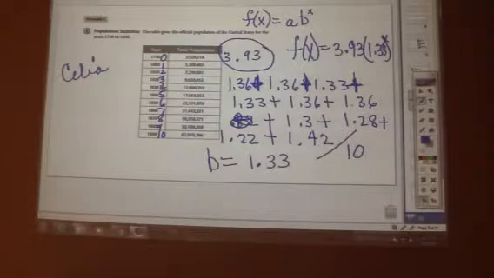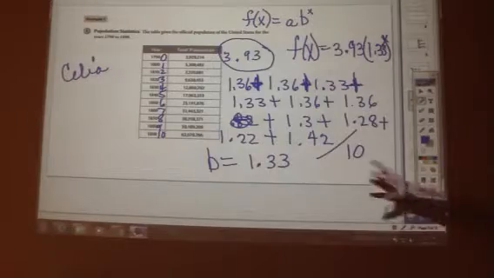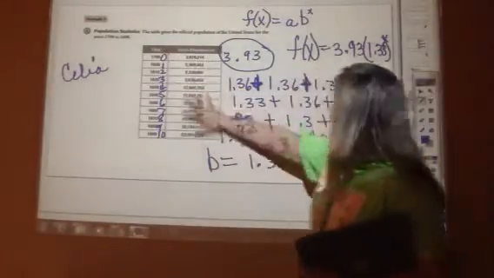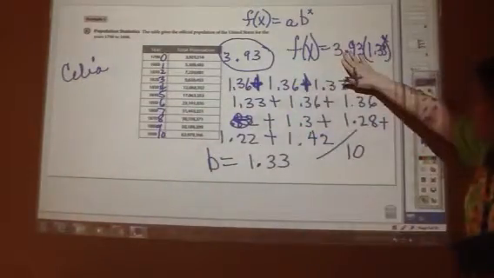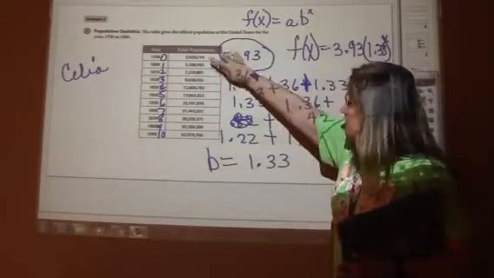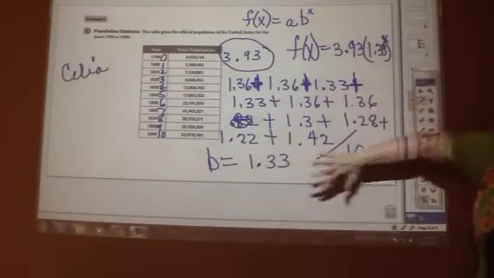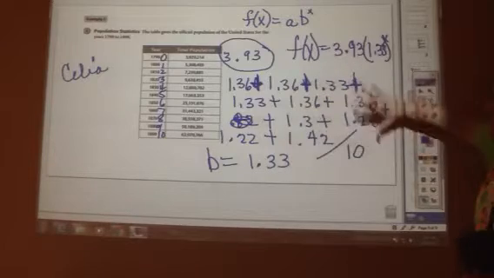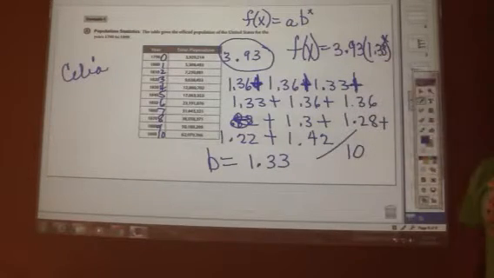That's Celia's equation. That's the a, which came from the first number, the b, which came from averaging all of these ratios together to the x power. Questions on Celia? That's the answer.